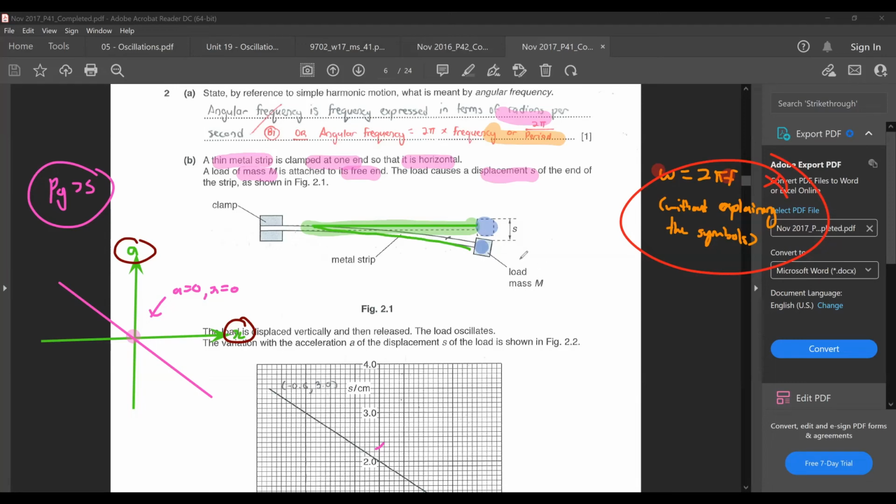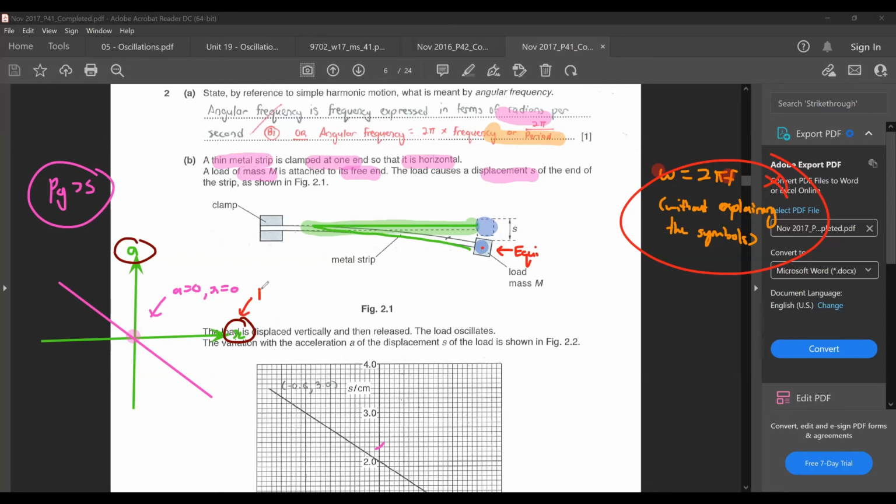This one here, you can think of it as your equilibrium position right now. So when you attach your mass m at the free end of the beam, it causes the beam to bend downwards and reach an equilibrium position. Once it reaches this equilibrium position, you measure the displacement, but this isn't the displacement you are used to seeing.